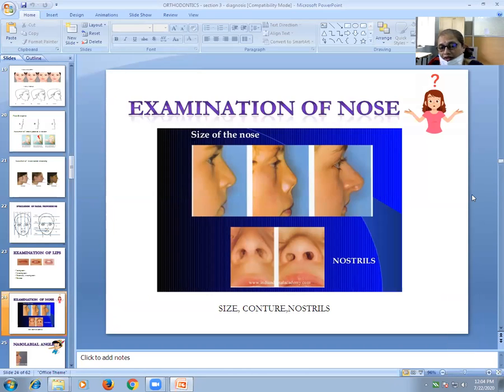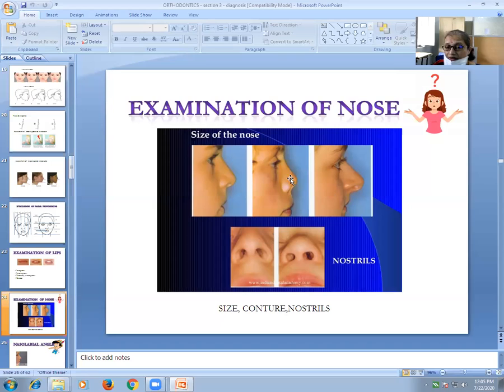So why analyze or why see the nose? Why is the nose important in orthodontic cases? The nose is the part from which we breathe. The initial breathing is from the nose. So by seeing the nose, the shape and contour of the nostrils and the nose, see the length.